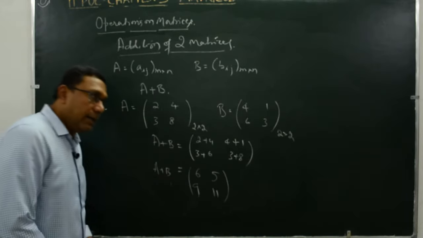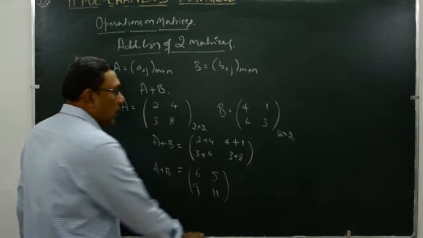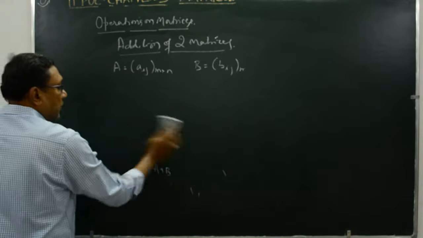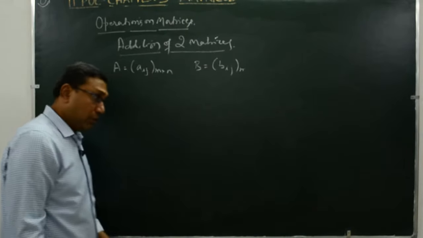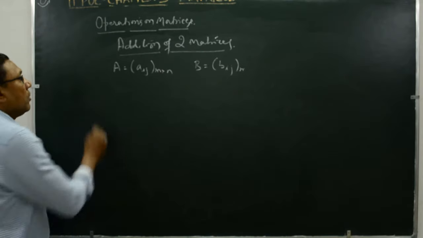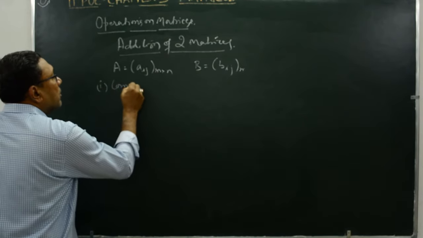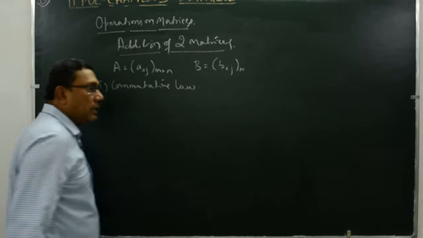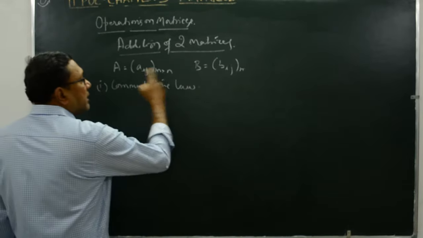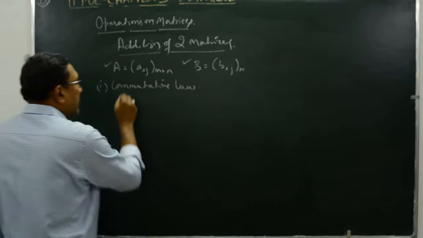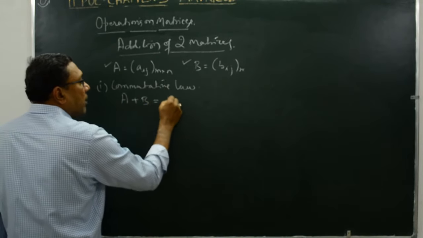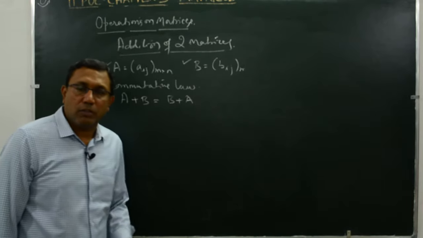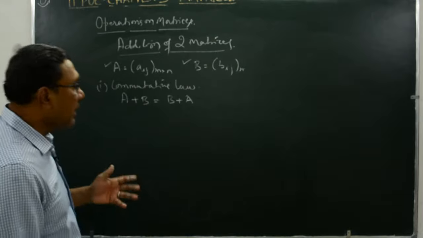Addition of matrices also has some properties. Let us discuss the properties that it is going to hold. The first property is the commutative law. What the commutative law says is, if you consider two matrices A and B, then A plus B should be equal to B plus A. This always holds good for addition of matrices.